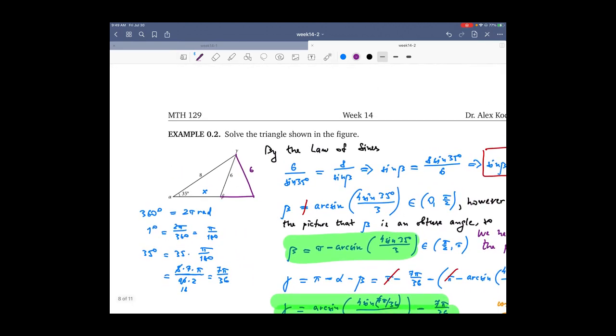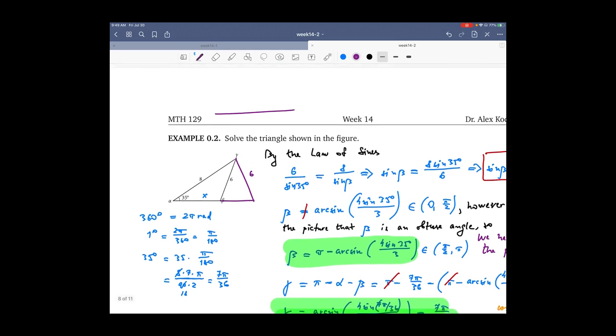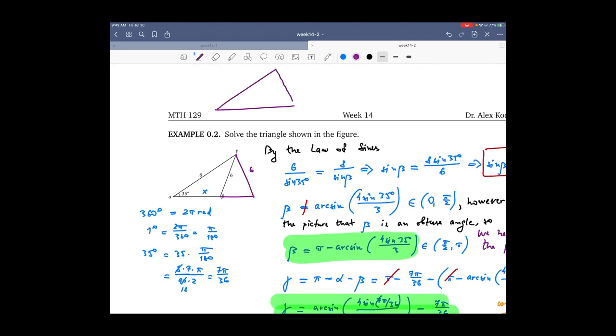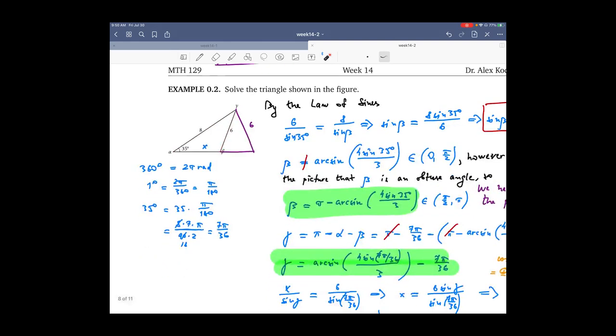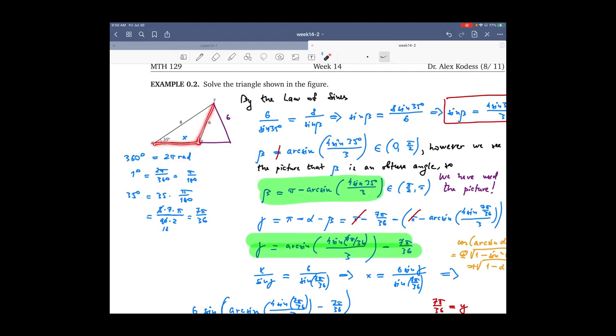So I may also have this triangle, 8, 6, and 35 degrees here. The difference between them is that in our given triangle, because beta is an obtuse angle, or rather we decided to take beta to be obtuse as shown in the picture, this angle here, gamma, is necessarily an acute angle.